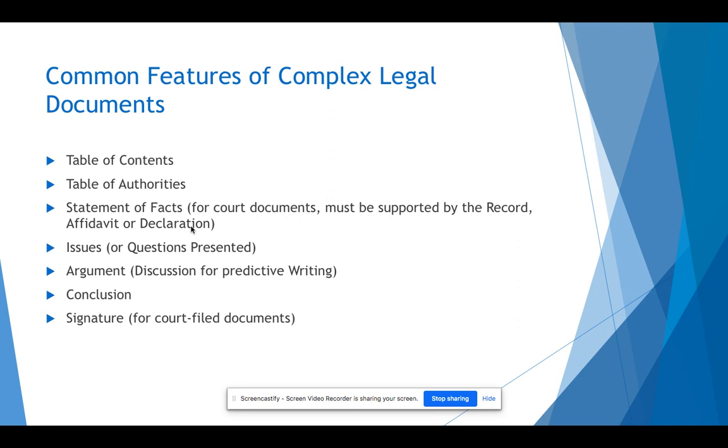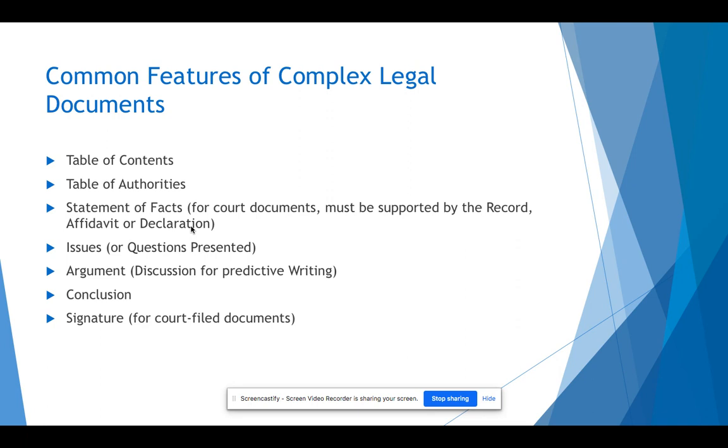If you're dealing with a complex legal document with the court, you're going to have a lot of extra stuff. Okay, so complex or long things like an appellate brief, you're going to have things like a table of contents, a table of authorities, your statement of facts. If you're filing a statement of facts with the court, you're going to have to support those facts by something, either the record, testimony, a deposition, or an evidentiary document, or a declaration, an affidavit, something like that.